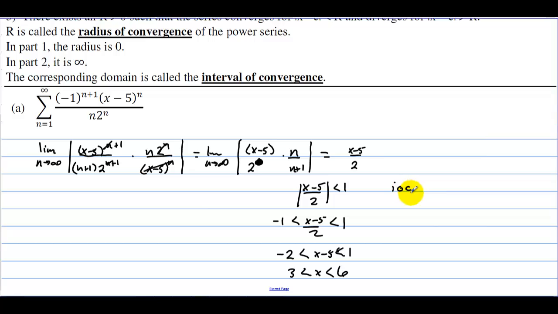The interval of convergence is 3 to 7. And if we put this on a number line, we have 3, 4, 5, 6, 7. The radius of convergence is 2.